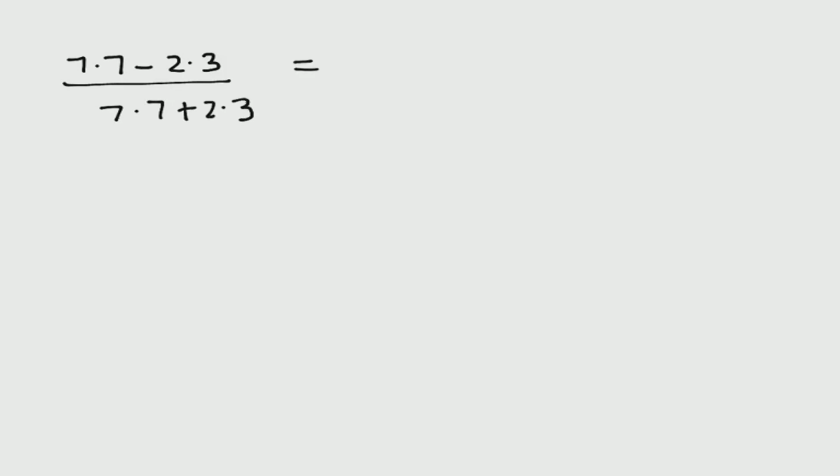Then 7.7 minus 2.3 will give 5.4 and 7.7 plus 2.3 will give 10. So 5.4 divided by 10 will give us 0.54. So this is the easiest method to solve an expression.